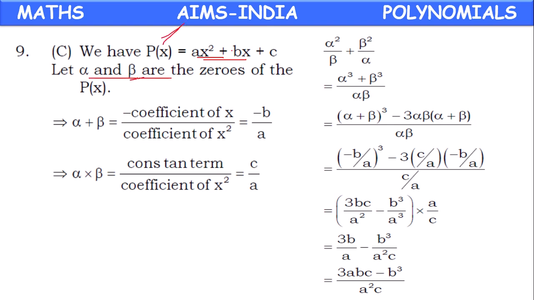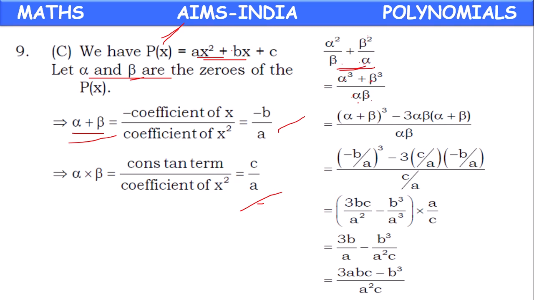Let alpha beta be the zeros. Then according to the formula, alpha plus beta equals minus b by a, alpha beta equals c by a. Alpha square by beta plus beta square by alpha. So the LCM is alpha beta. Beta is there, if you multiply with alpha, alpha into alpha square is alpha cube. Alpha is there, if you multiply with beta, beta into beta square is beta cube.